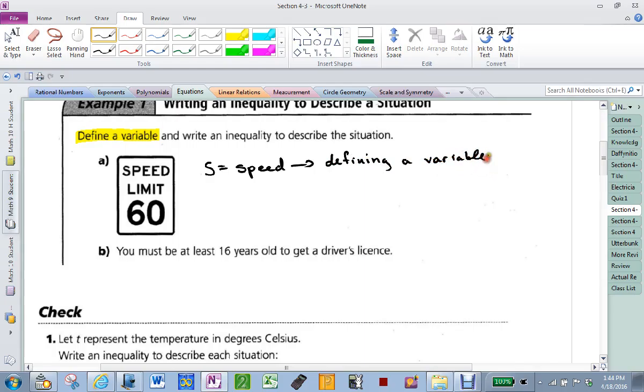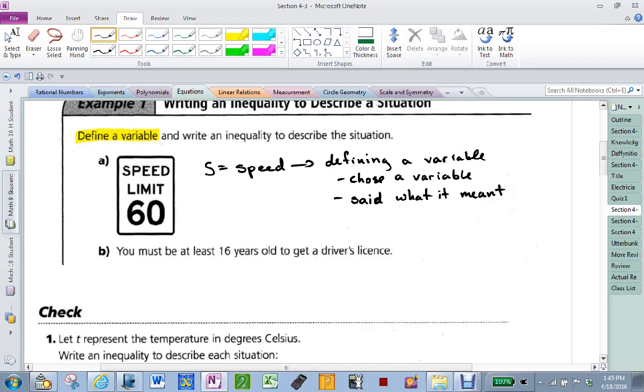What did I do? Chose a variable, because it doesn't have to be a letter, and said what it meant. Okay, now, S is my unknown number, correct? Everybody cool?